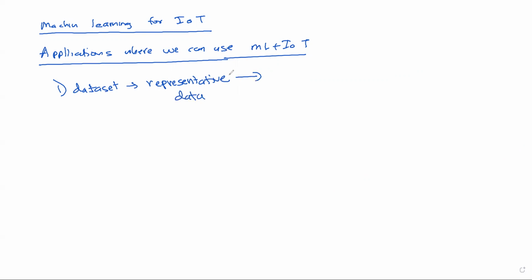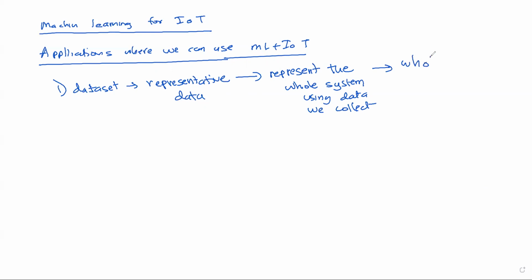What I mean by that is that we can represent the whole system using the data that we collect. The whole system means the system with all the worst case scenarios and unexpected scenarios.